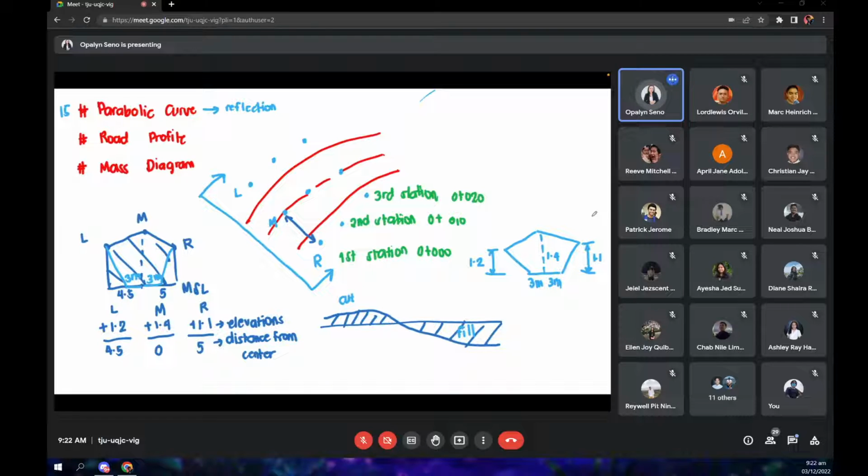So meaning in this case, in the road profile, you're going to get the area of your proposed road. So you get the area. That means you're going to divide this part of the road into how many triangles? Probably one. So you have 1, 2, 3, and then 4 triangles. Dividing that, you can get the area of your proposed road.